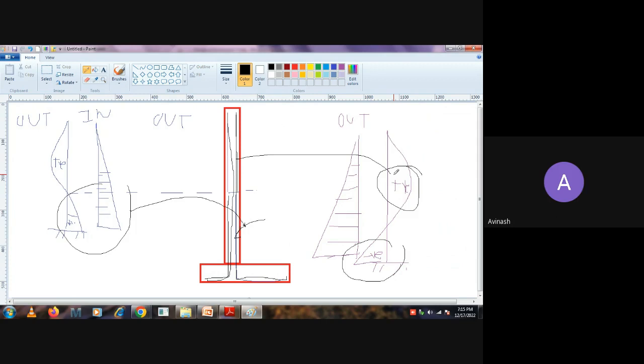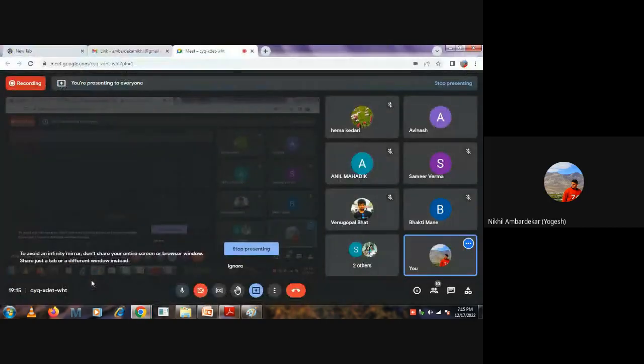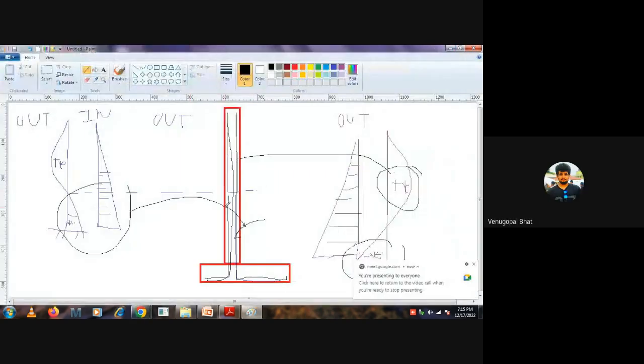Yes, sir. Okay. Any other questions? All good? Venugopal, Bhakti, Avinash, Samir. Yes, sir. Okay. So this is about providing reinforcement based on the bending moment.